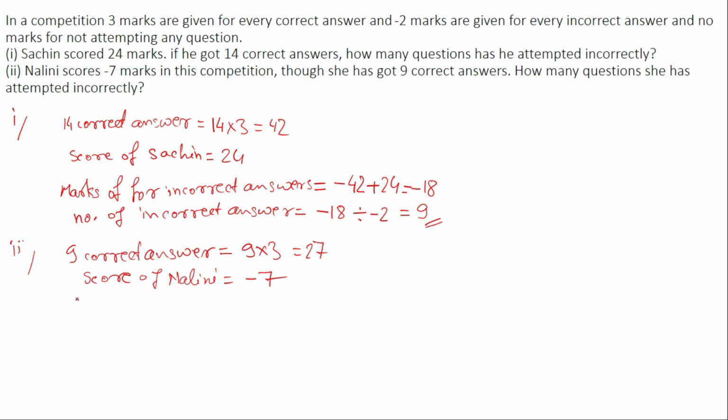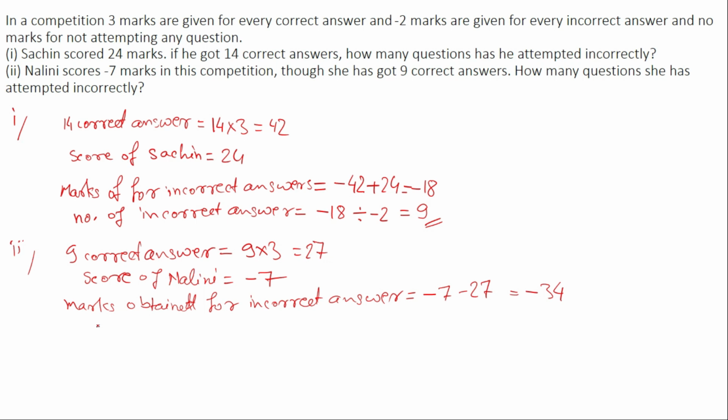So marks obtained for incorrect answers is equal to minus 7 minus 27, that means minus 34.